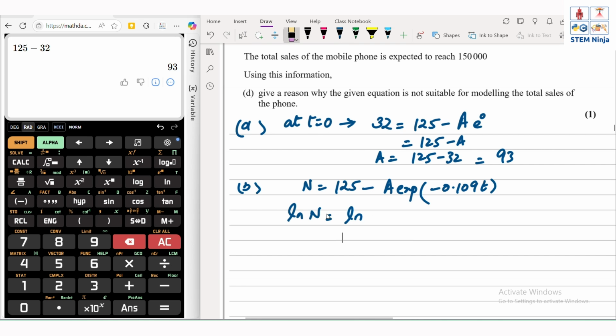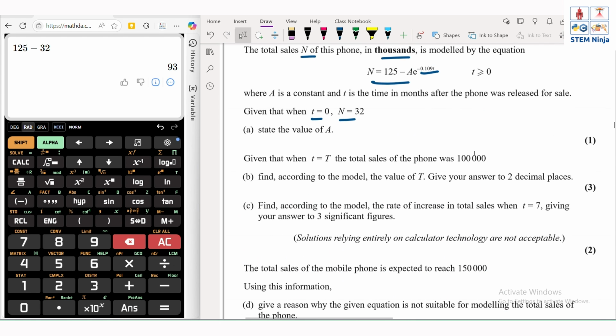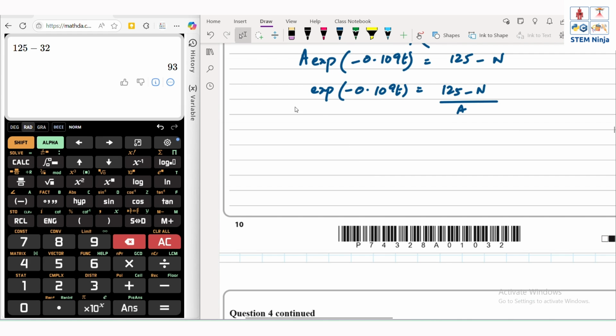Actually, no, wait. Let's rearrange it first. So you have A exponent minus 0.109T equals, since we're looking for T, we can rearrange it that way, 125 minus N. So e raised to the power this would be 125 minus N divided by A. And now we can take the ln.